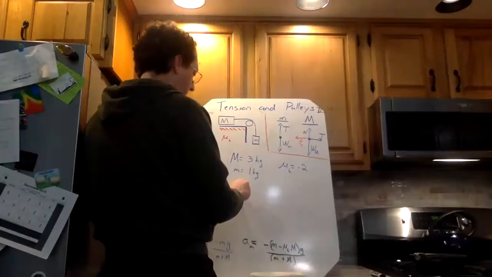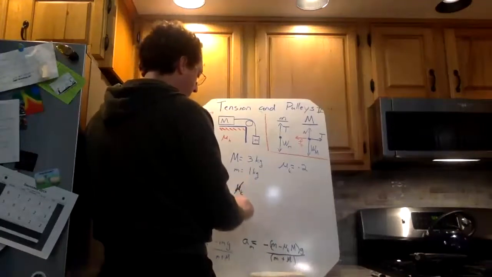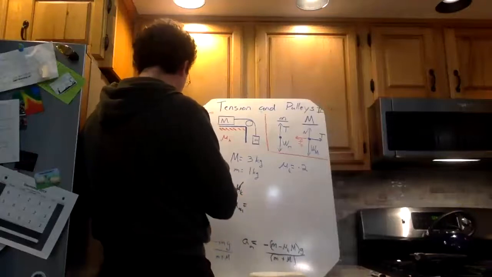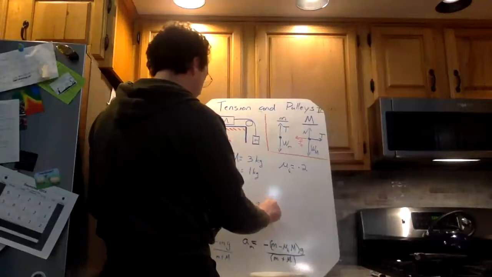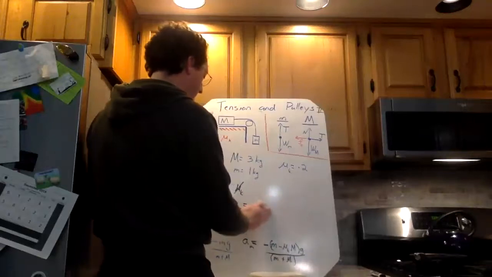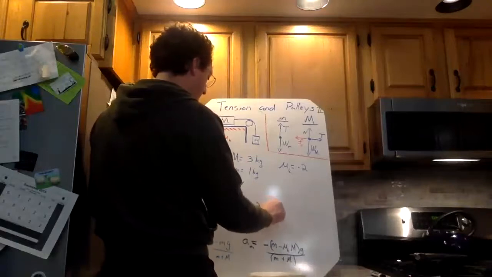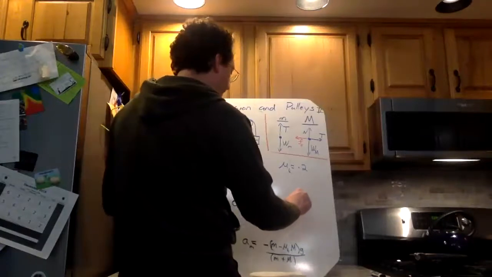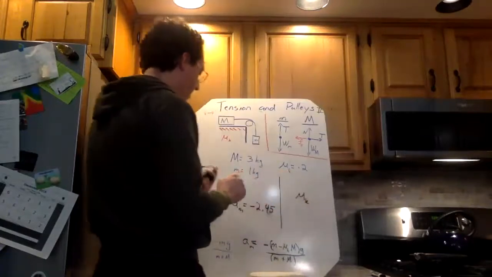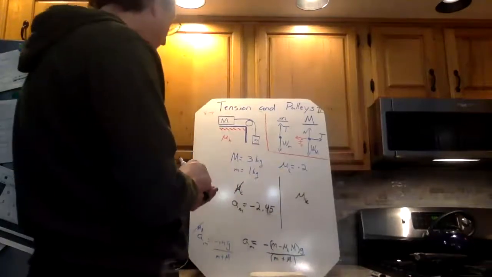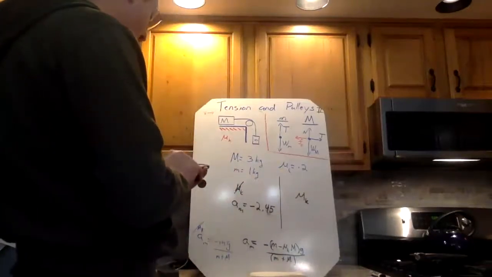So this would tell me when there's no friction, the acceleration equals, typing in numbers, I get negative 2.45. Whereas if there is friction, I do the same basic thing, but I get a different number.